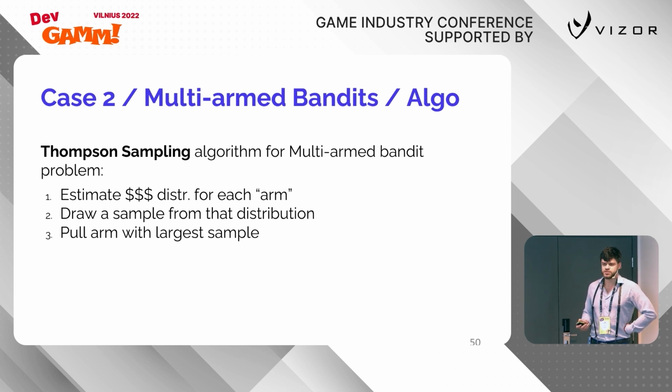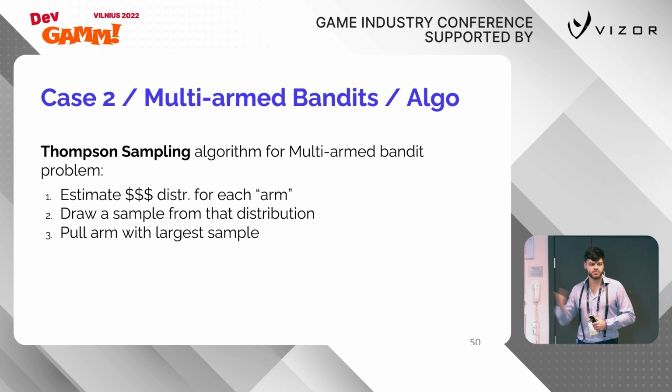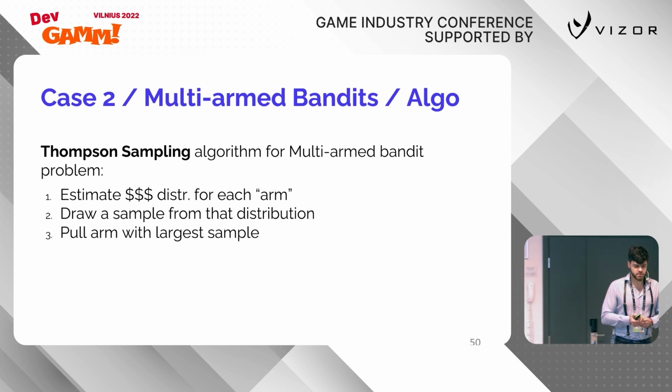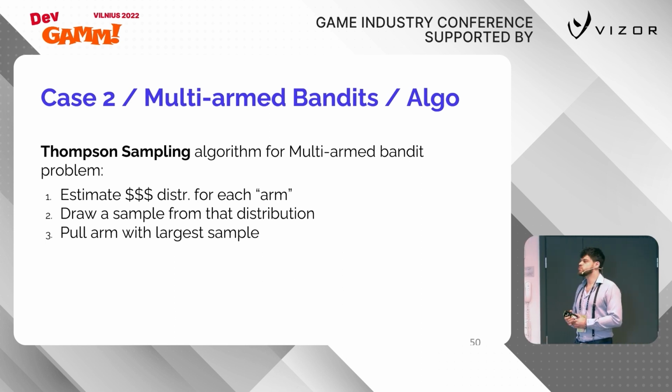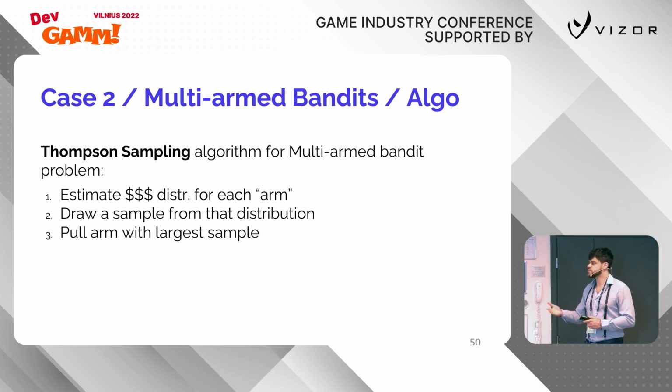It works as follows. First of all, you estimate the distribution for each arm, the distribution of revenue that you will gain after pulling an arm. Then you draw random samples from each distribution, 1 per arm. And then you see which arm has produced the largest sample, and you pull it.